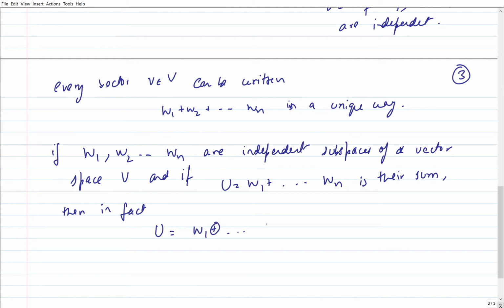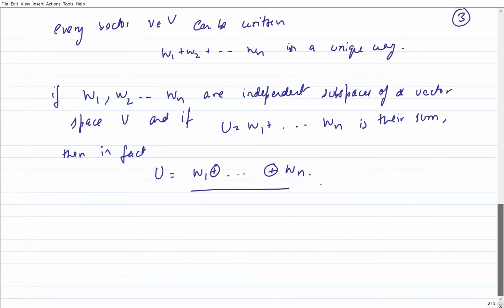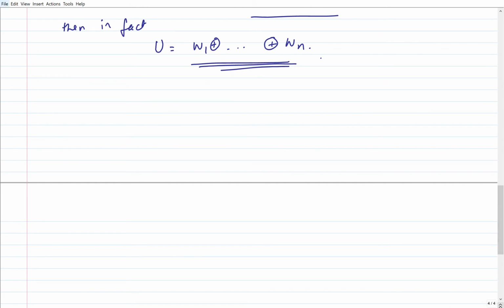We've already seen by definition this has to be true. They are independent subspaces, and any other subspace which is spanned by these subspaces can be written as a direct sum of these. So these are two propositions. I'll just mention them. You should be able to show them.